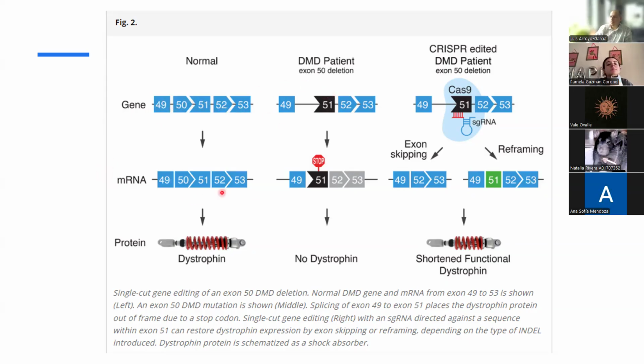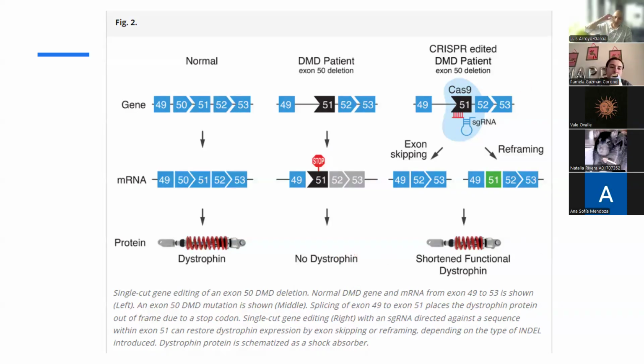The mRNA goes as it's supposed to go. And then we have a Duchenne patient. Here we are actually missing one gene, that is the 50. So here we don't have dystrophin, since the protein cannot be synthesized.